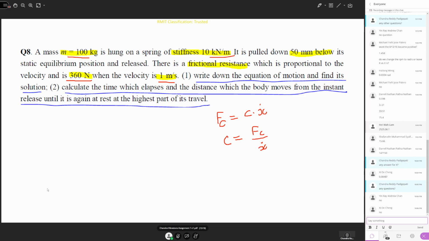So based on the information given, we can calculate the damping constant. The damping constant is 360 newtons over a velocity of 1 meter per second. So basically, the damping constant C is 360 newton second per meter.